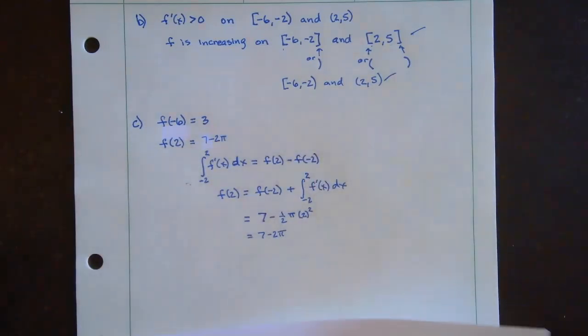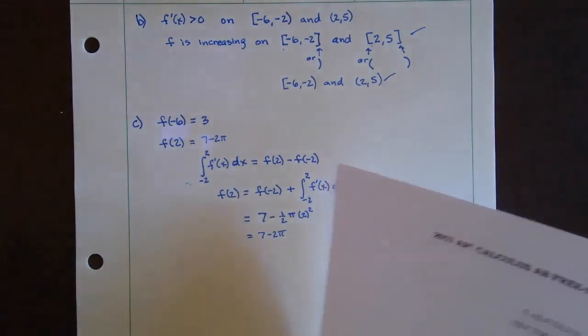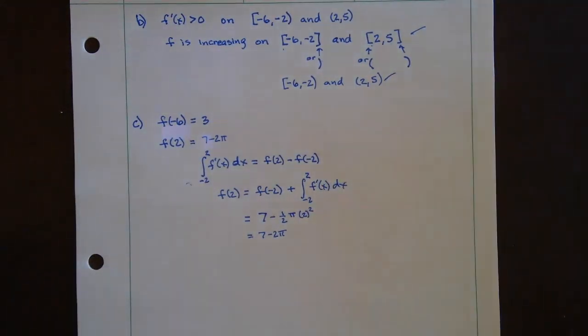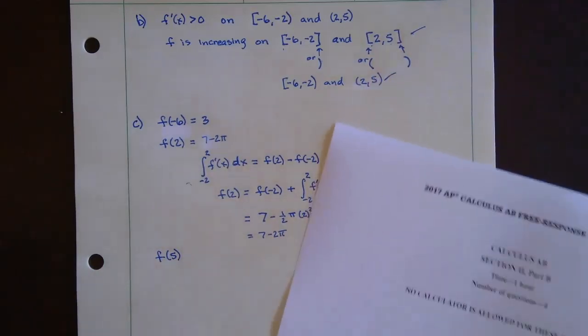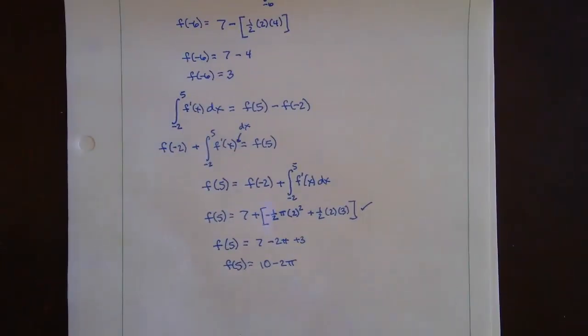Now we also need to do f of 6. Not f of 6, f of 5. F of 5 we calculated in part A. F of 5 from part A was 10 minus 2 pi.